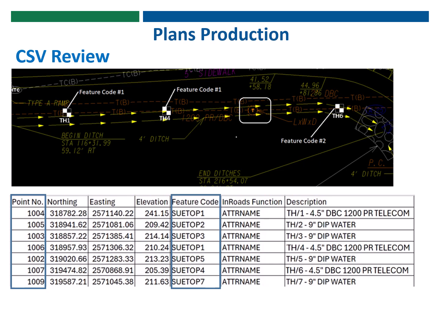So in this CSV file, test hole 1 will have a feature code of SUE top 1. Then test hole 4 will have the same feature code, SUE top 1. But then since a manhole is separating test holes 1 and 4 from test hole 6, a different feature code will be used for test hole 6. And as you see in this example, test hole 6 has the feature code of SUE top 4.